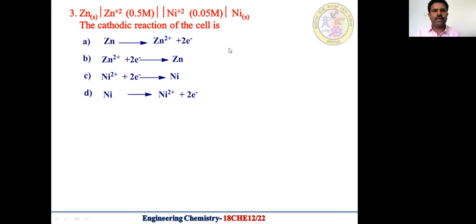Hence here nickel is working as cathode and the reaction occurring at the cathode is a reduction reaction. Hence the nickel 2+ ion reacts with the electrons and becomes neutral nickel. Hence the right answer is option C.